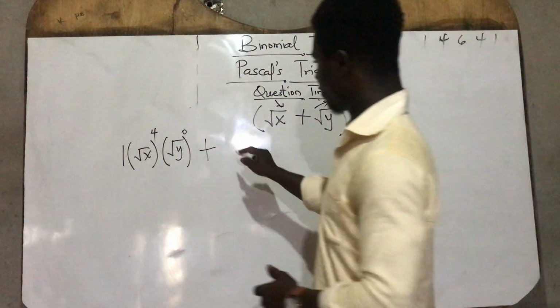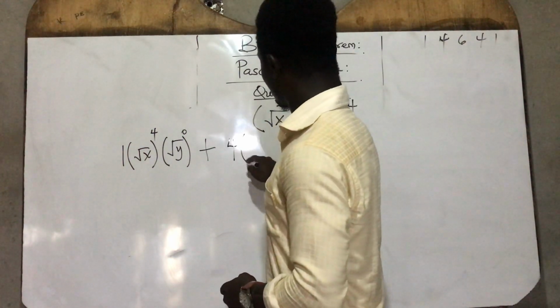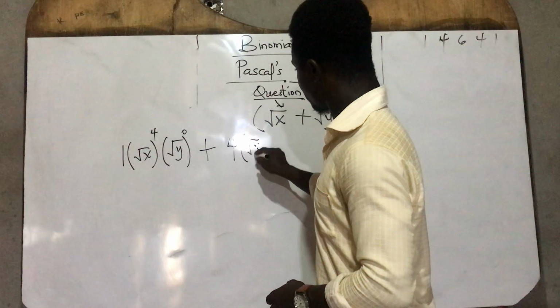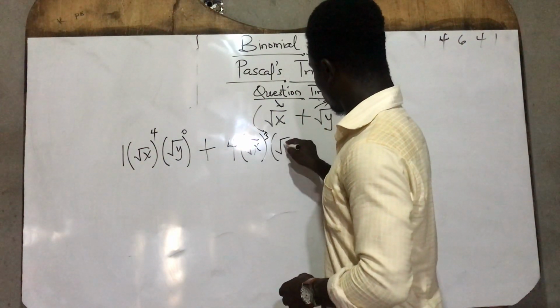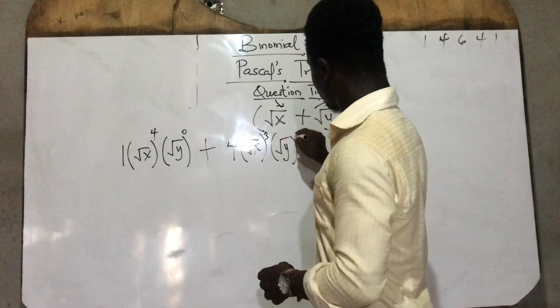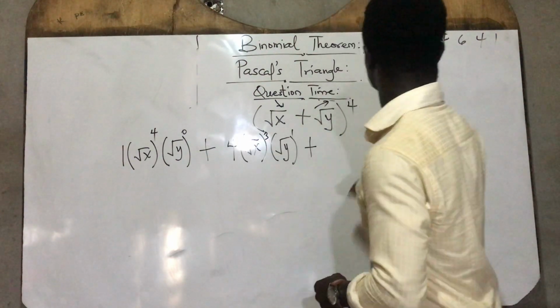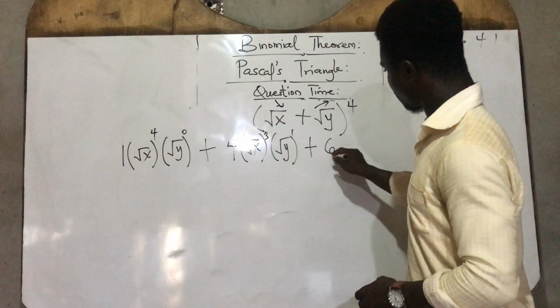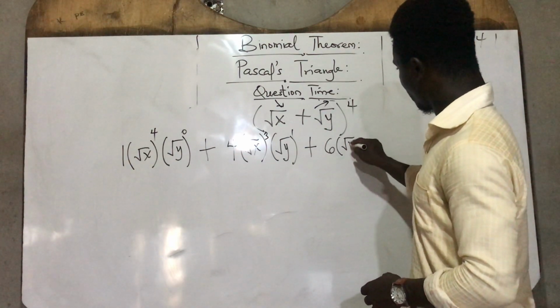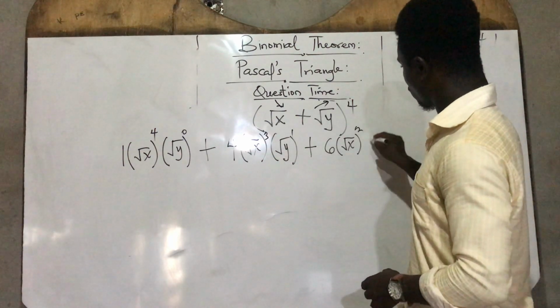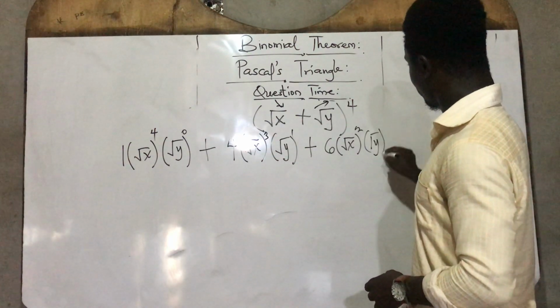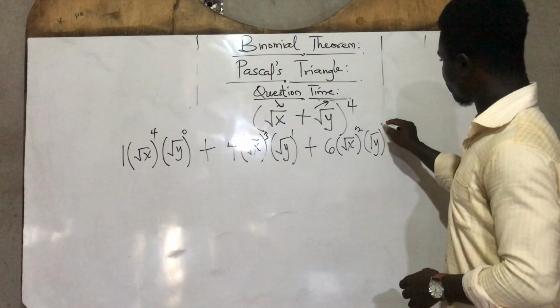Then plus 4, right? So 4 times square root of x, it will move to 3. Then times square root of y, it will move to 1. Then plus my next coefficient, which is 6 times square root of x, it is decreasing, so 2. Then times square root of y, it is increasing, so 2 again.